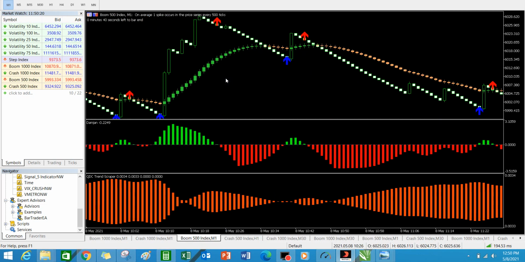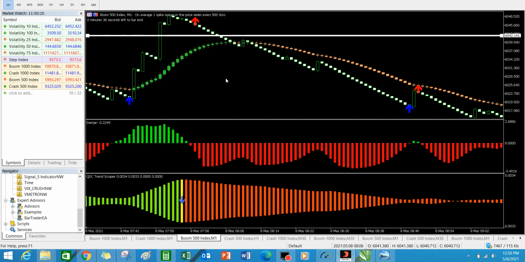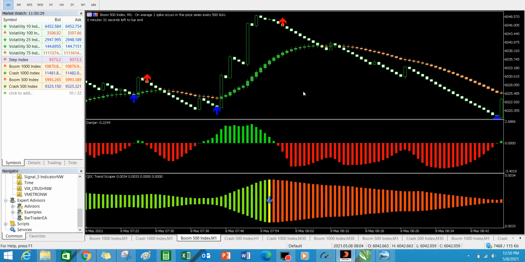So I will be using this setup because it makes it very easy for you to trade. If you are wondering, the name of this setup is called the QDC Scraper Indicator. It comes with different features.